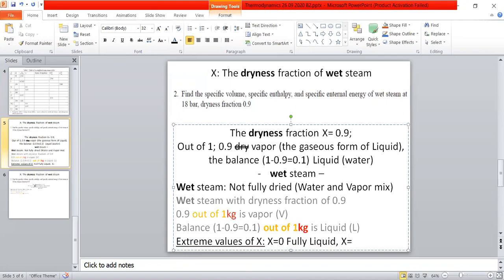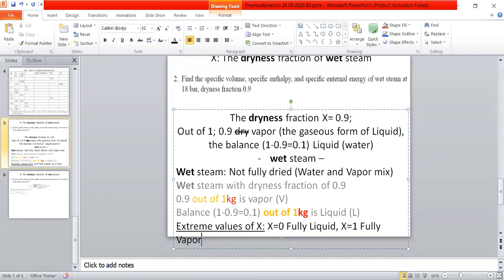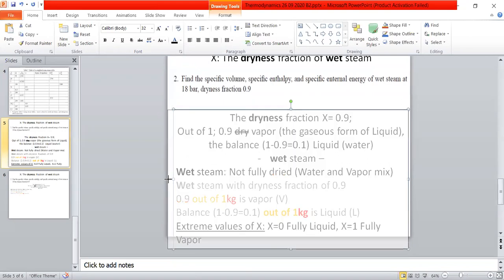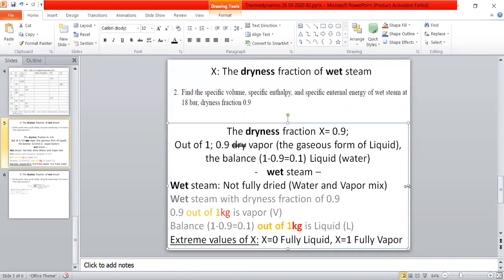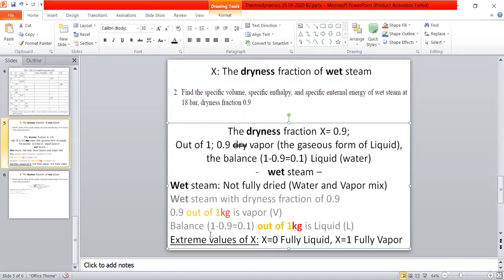X equals 1 means fully vapor. I need to explain this further.